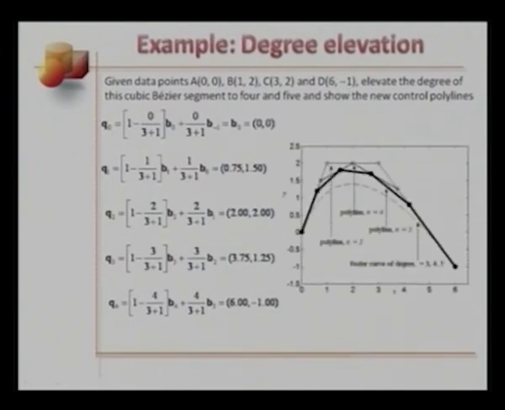Let's take a look at this figure. The control polyline in blue is the original 4 data point polyline, for which this is a cubic curve.